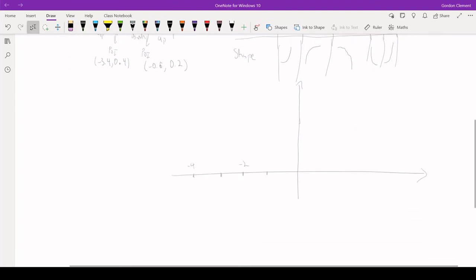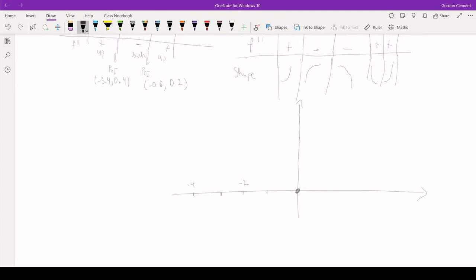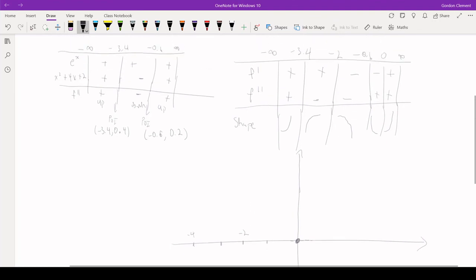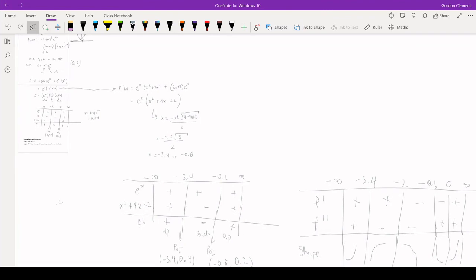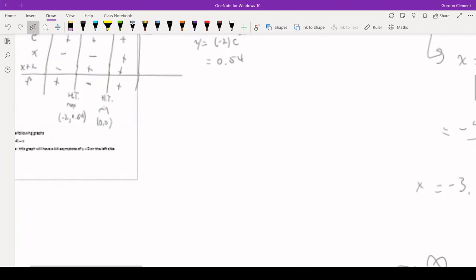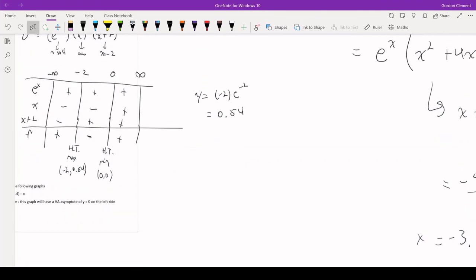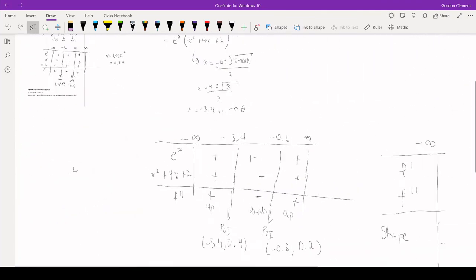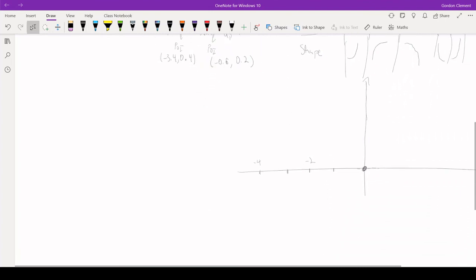So our points: we have the origin was one of them, and that was a horizontal tangent. So I'll put my dotted line in there. -2 was -0.54, I think. Sorry, I think it was 54, not 64. Can't read my own writing. Can you imagine not being able to read my own writing?